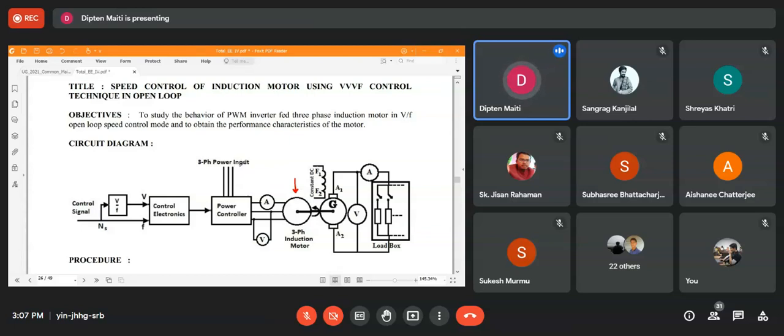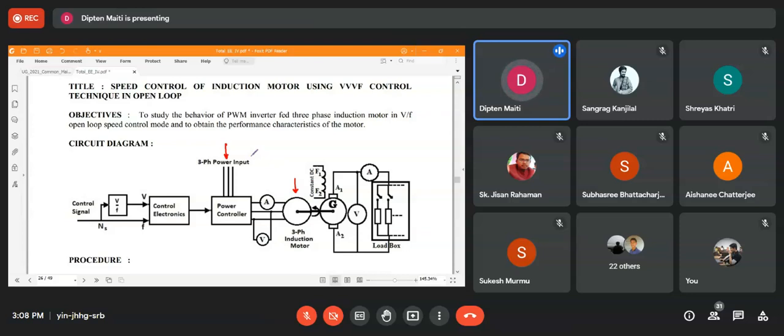This power controller has a DC source, and from the DC source, using an inverter, we can generate the variable voltage, variable frequency across the stator of the induction motor. Without using this sort of an inverter, it would be difficult to produce the variable voltage and variable frequency.